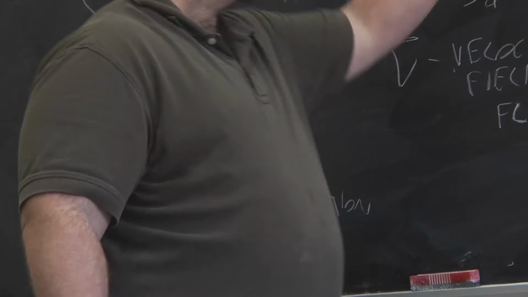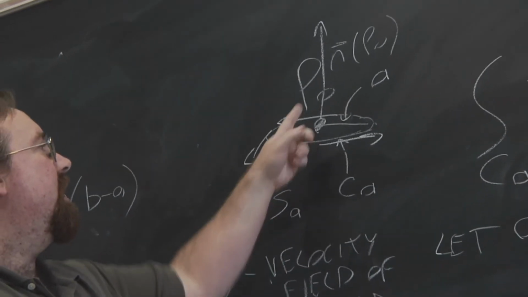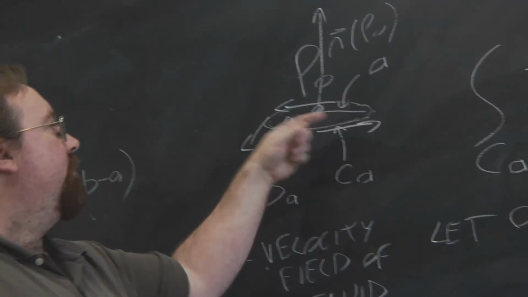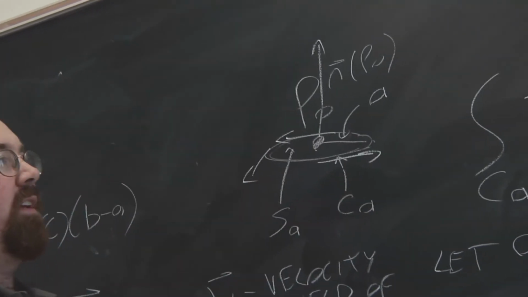So if the vector field is swirling around like this, then what is it doing? The vector field is rotating around this axis, the normal vector.